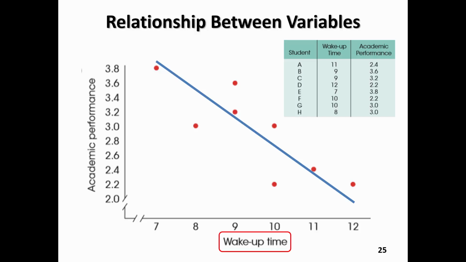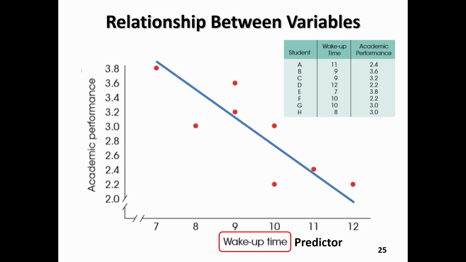What we post on the x-axis in a correlational study is what we would refer to as the predictor variable. The predictor variable is a term that's often used interchangeably with the independent variable.